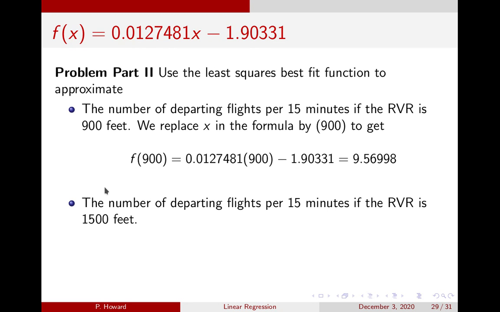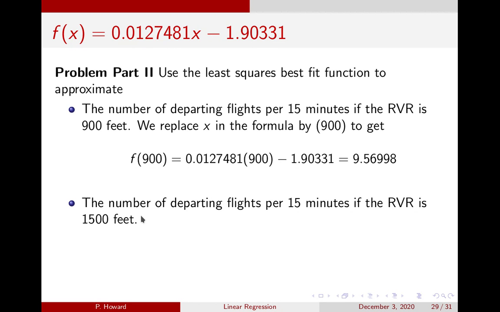Secondly, I want to use our linear function to approximate the number of departing flights per 15-minute period if the RVR is 1,500 feet. This is a little bit outside of the range of our observations. You remember that in our table, the largest RVR that appeared was 1,000.